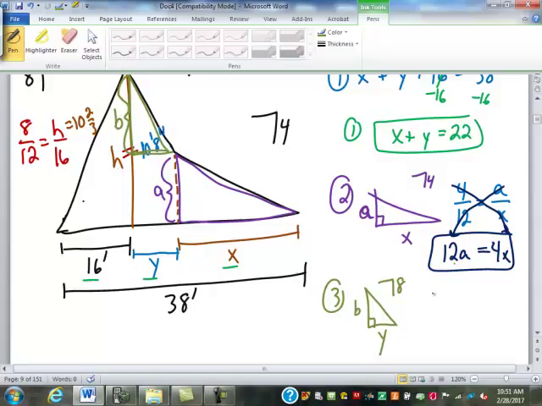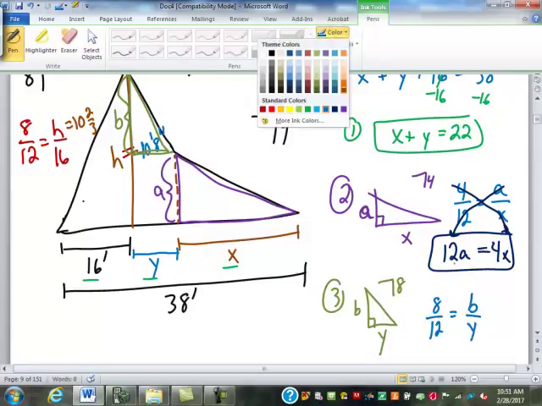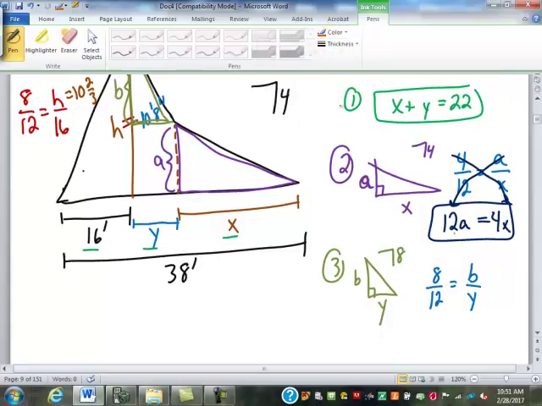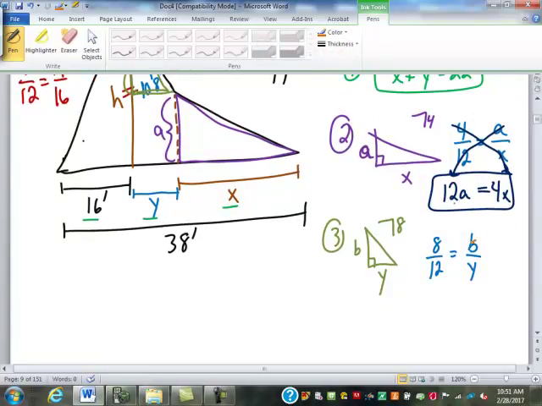So that gives me 8 over 12 equals b over y. So I multiply that way. What's b times 12? 12b. What's 8 times y? 8y. So I have that equation.